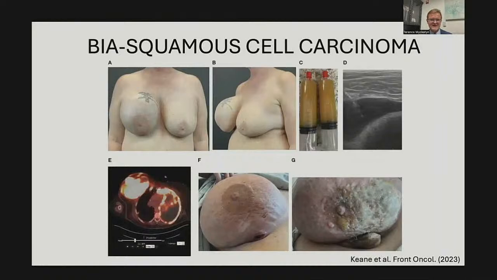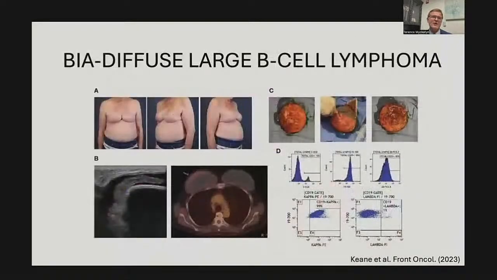Oftentimes, with a swollen breast implant, people are of course thinking BIA-ALCL. However, if this workup comes back negative, and they have a PET-CT with a very aggressive appearance, you need to start considering things such as breast implant-associated squamous cell carcinomas, which are extremely morbid with a mortality rate of over 50%, or other types of lymphomas, including B-cell lymphomas, also often developing in patients with textured implants, often developing with seromas.